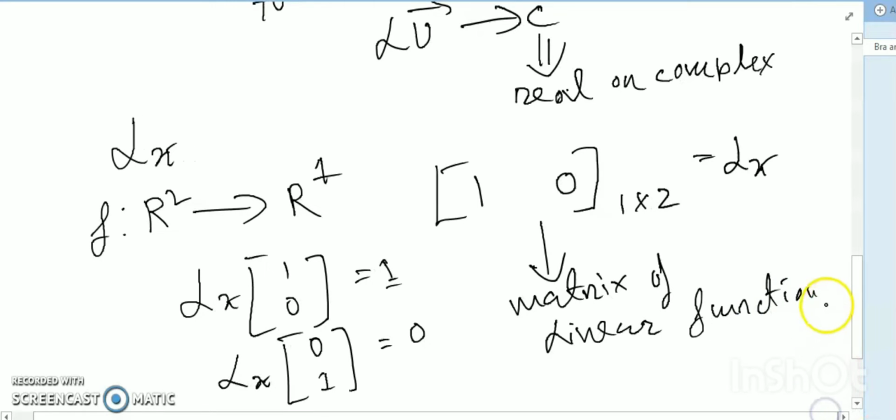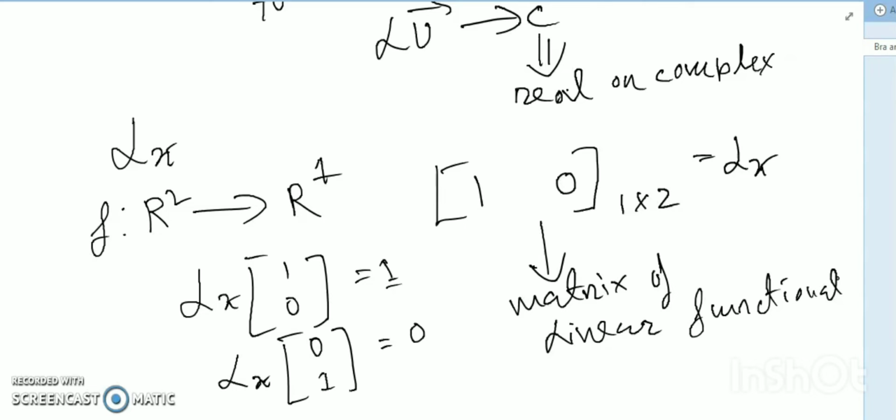We see that we get what's called a row matrix. It is essentially a column vector turned on its side, and what it does is take in a column vector and spit out a number. Let's take a step back.